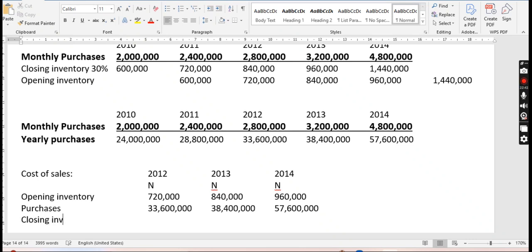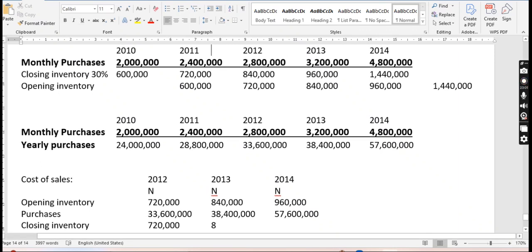Closing inventory. What is the closing inventory? 2012, 840,000. Yes, sir. 2012, 840 closing.